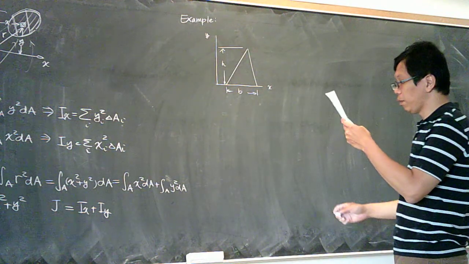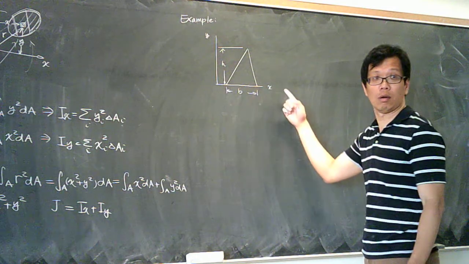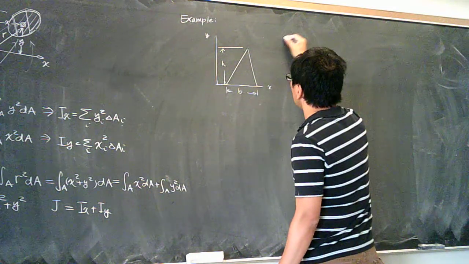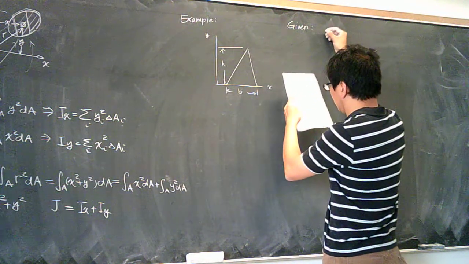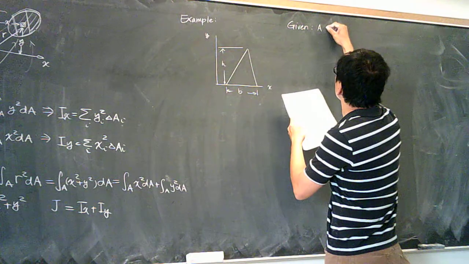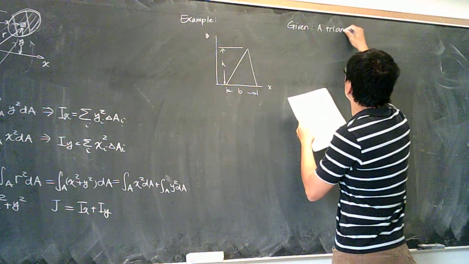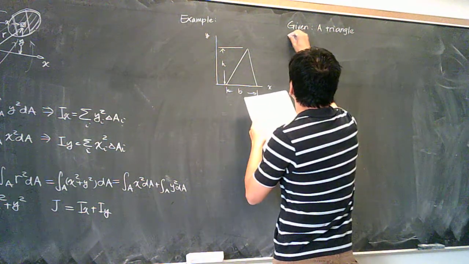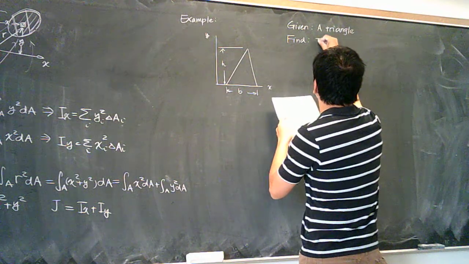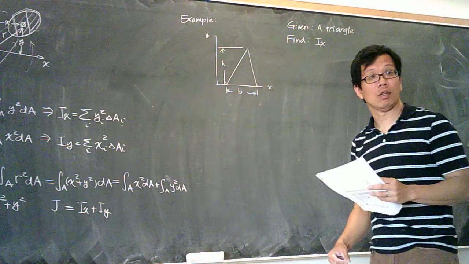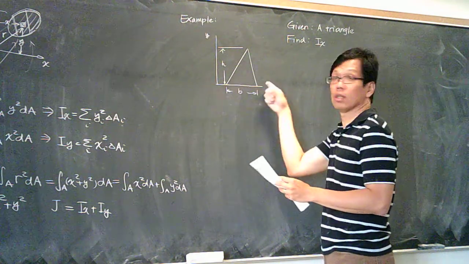So I want to know the moment of inertia with respect to its base. Its base is along the x direction. So we are given a triangle. We need to find Ix, because I'm talking about the moment of inertia related to its base, which is this one.